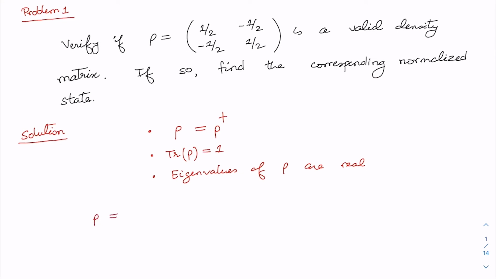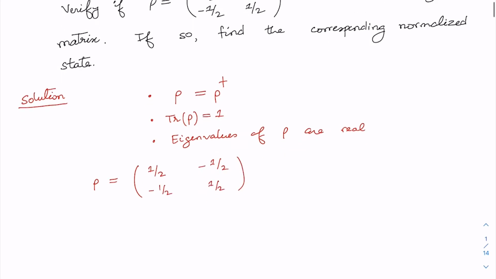As I see that the elements here are real, so finding rho dagger is trivial, because we have to first take the complex conjugate and then take the transpose, and the complex conjugate would be the same one.